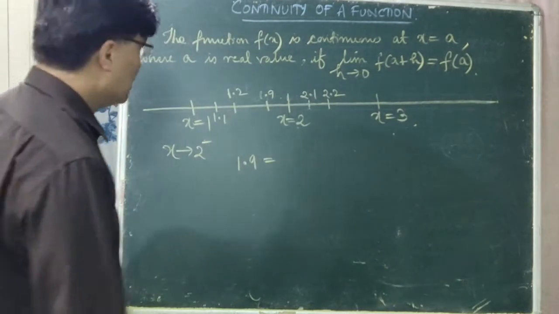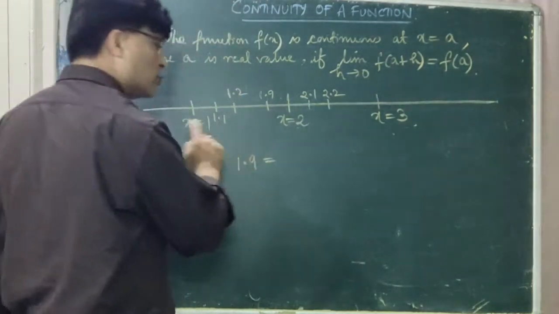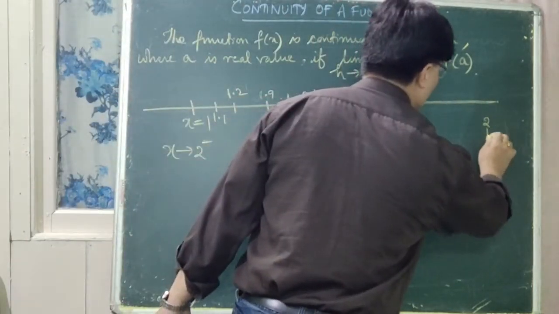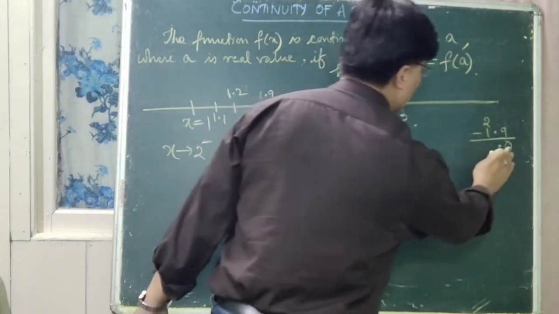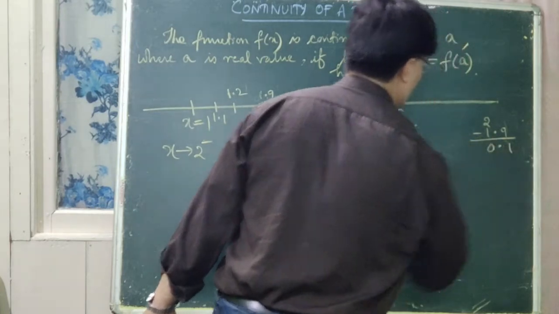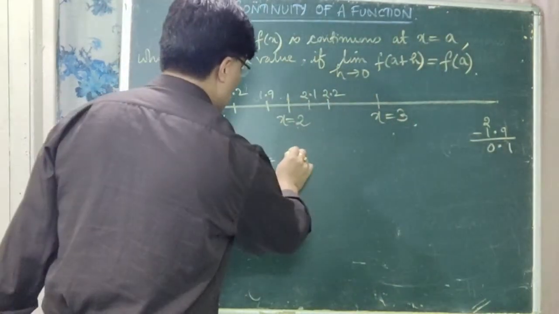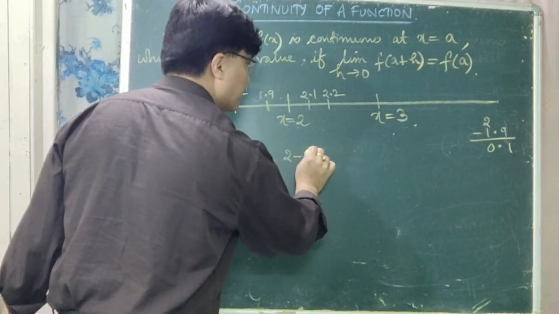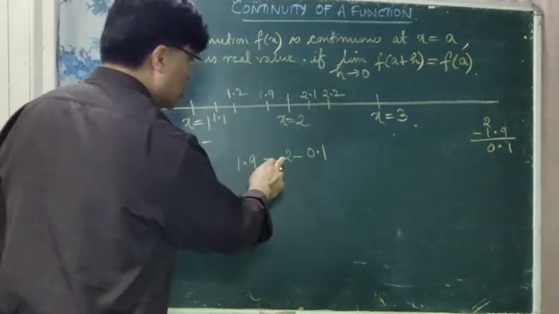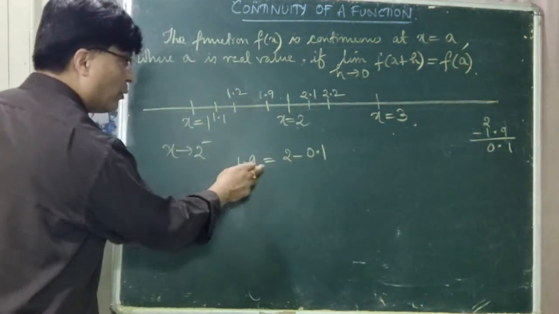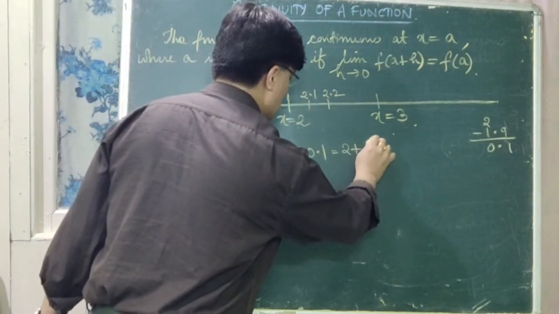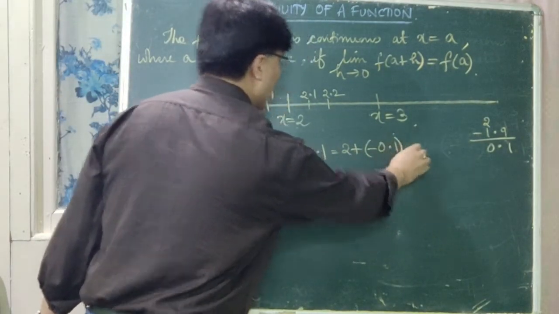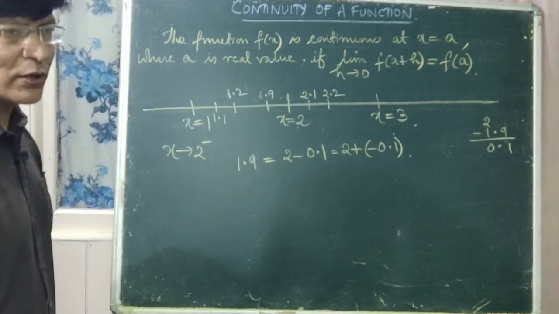How will you write 1.9 in terms of 2 minus something? It is 2 minus 0.1, which is 1.9, isn't it? Which is equal to 2 plus within bracket minus 0.1. Is that clear to all of you?